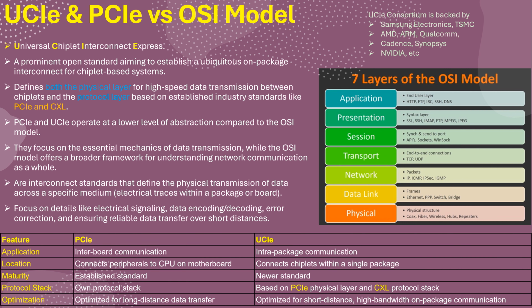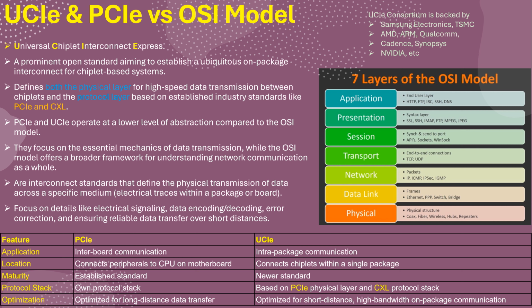So now let's also compare PCIe with UCIe. PCIe is a traditional data transfer communication protocol from the era of monolithic chips. PCIe's application is interboard communication, whereas UCIe is intra-package communication.